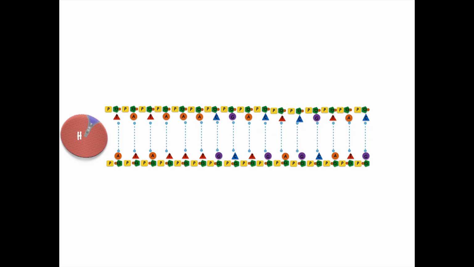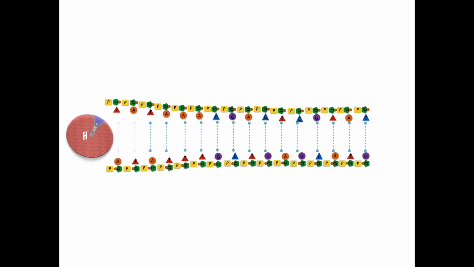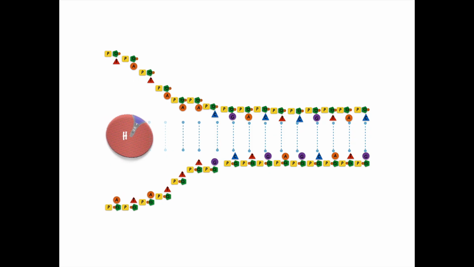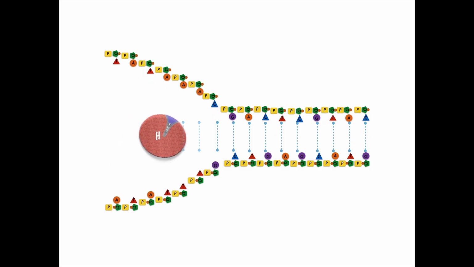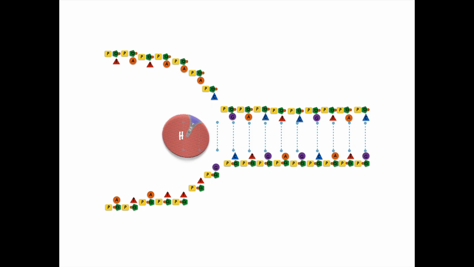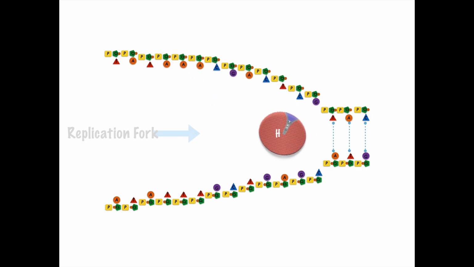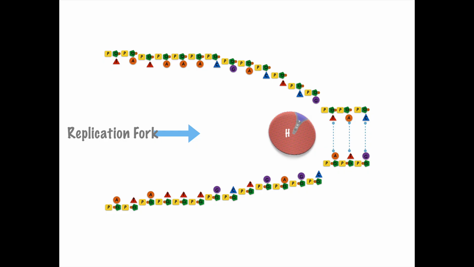Remember, DNA is like a ladder that is twisted. So topoisomerase will show up, unwind it, make it back into a two-dimensional plane, and then helicase will start breaking those hydrogen bonds, separating the two strands. These two strands are called the parent strands, the top one and the bottom one.